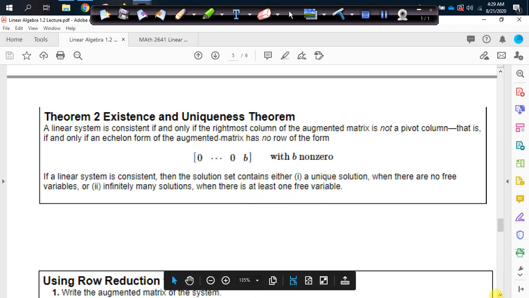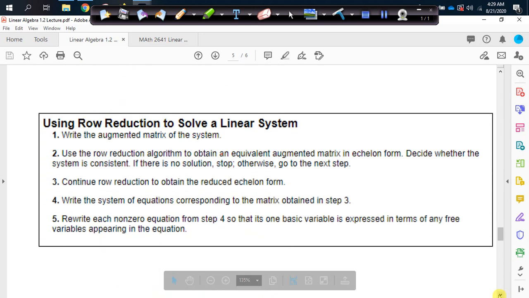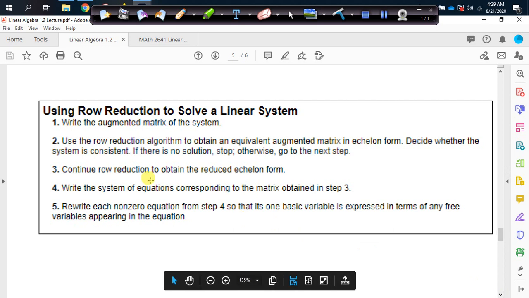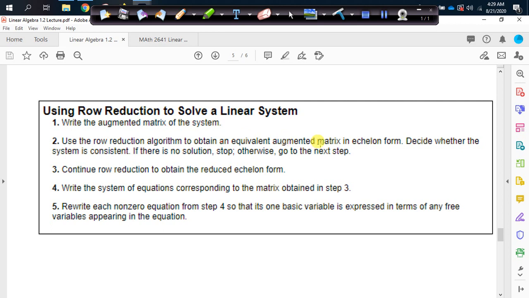Then, using row reduction, we've really already talked about this. We write the augmented matrix. We use the row reduction algorithm to obtain an equivalent augmented matrix in echelon form. Decide whether the system is consistent. If there is no solution, stop.